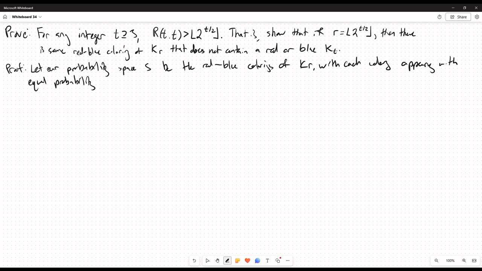Remember that was given by 1 over 2 to the power of r choose 2, which is the same as 1/2 to the power of r choose 2. So that's the probability of one of these colorings appearing.